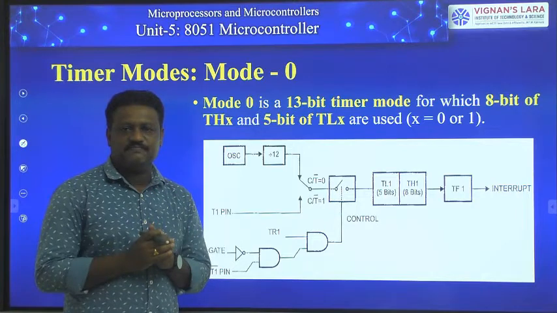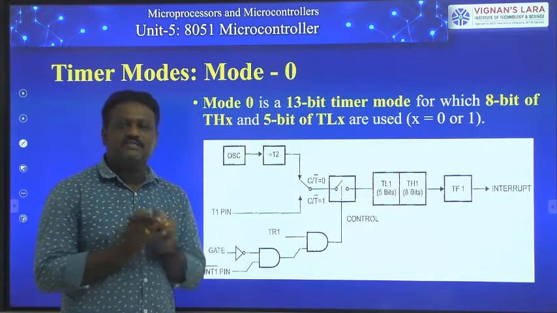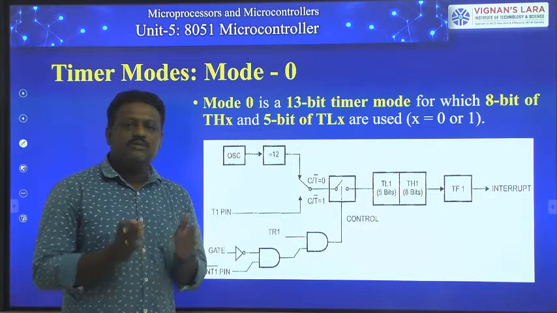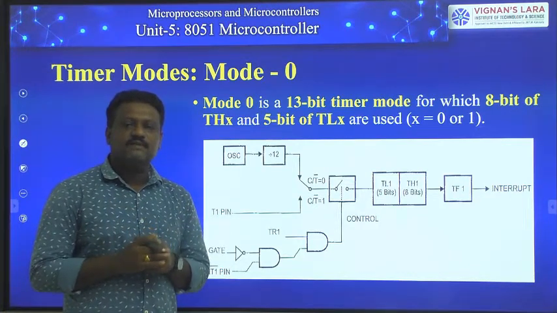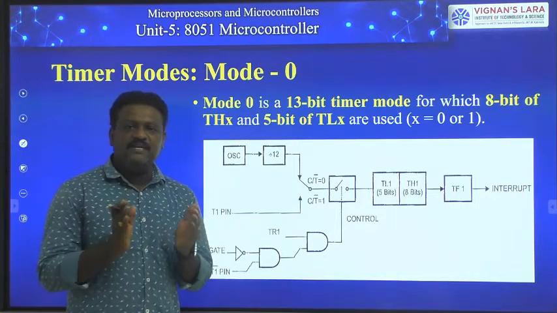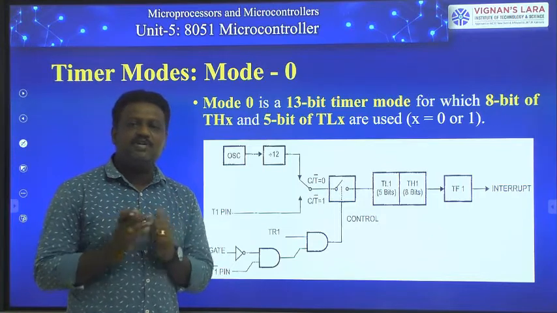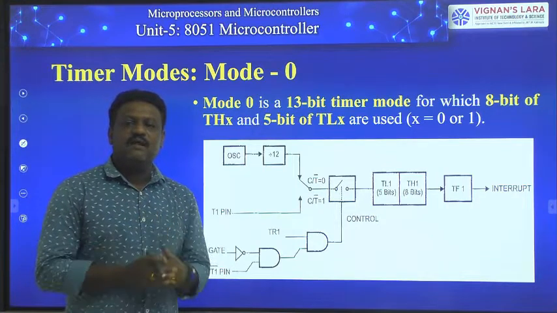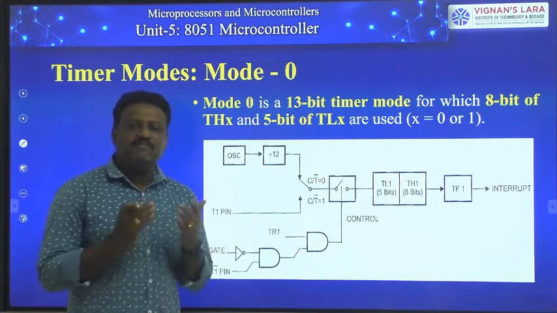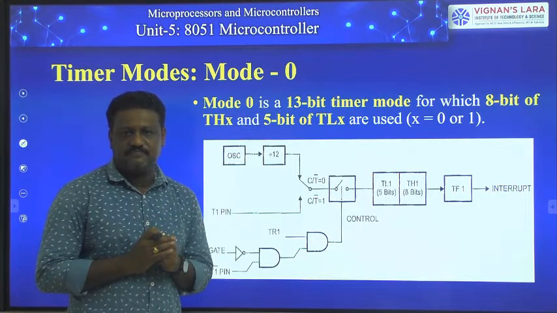We know this. The timer control register TCON is an 8-bit register. Out of that, the most significant 4 bits, that means the upper nibble of the TCON register, are used only for timer operations. The lower nibble of the same TCON register is related to the interrupts.